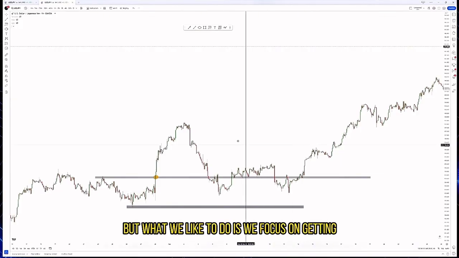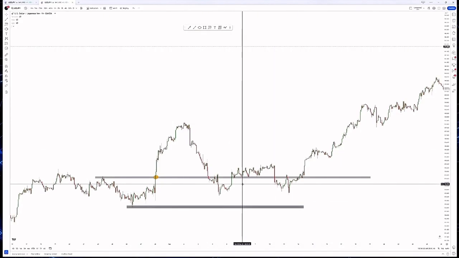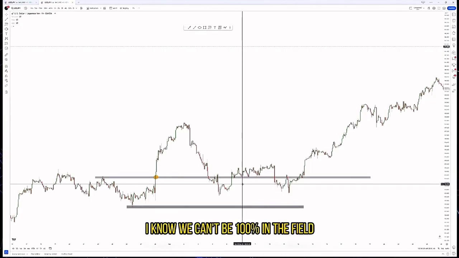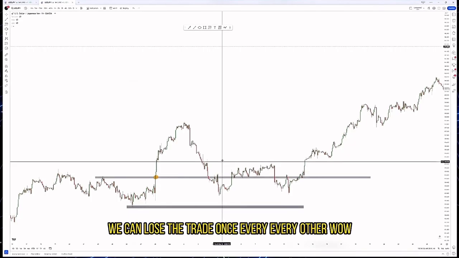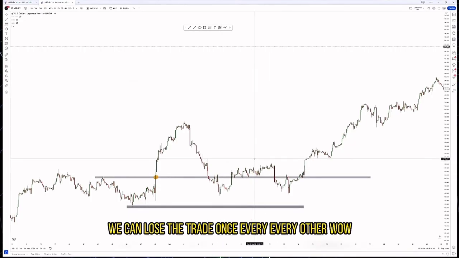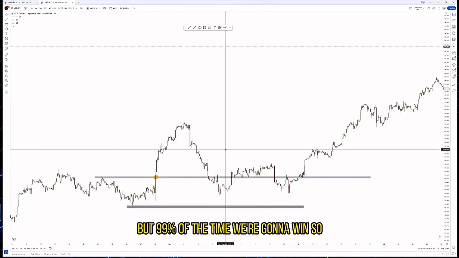But what we like to do is focus on getting the right answer every single time. I know we can't be 100%, but we damn sure can be 99%. We can lose a trade once every other while, but 99% of the time we're gonna win.